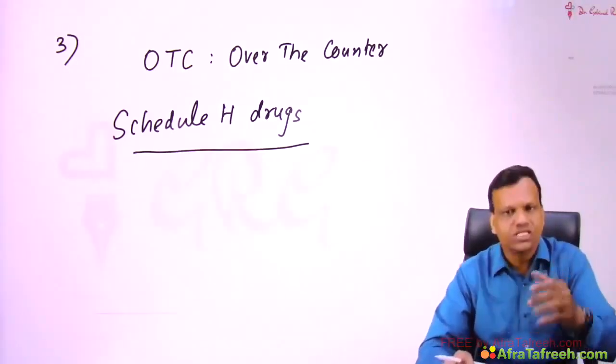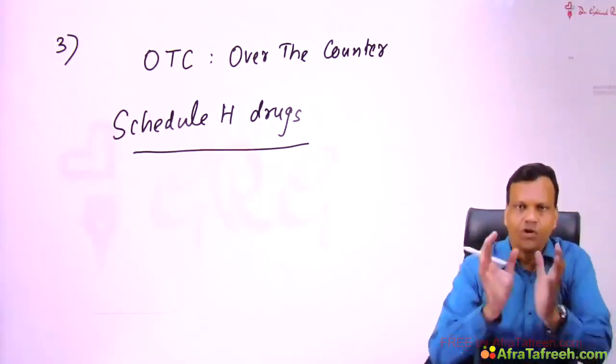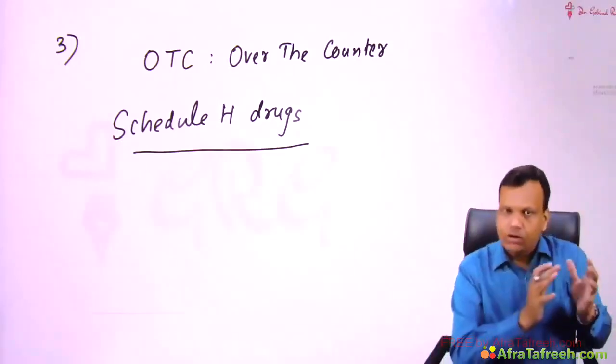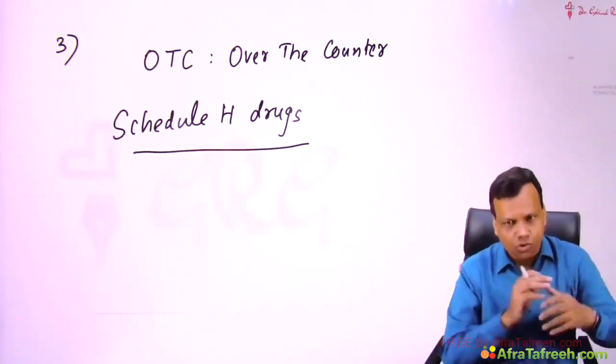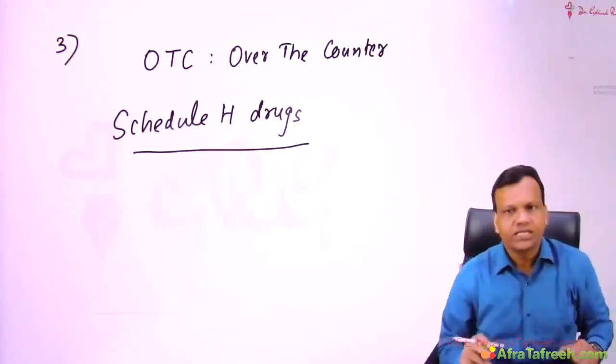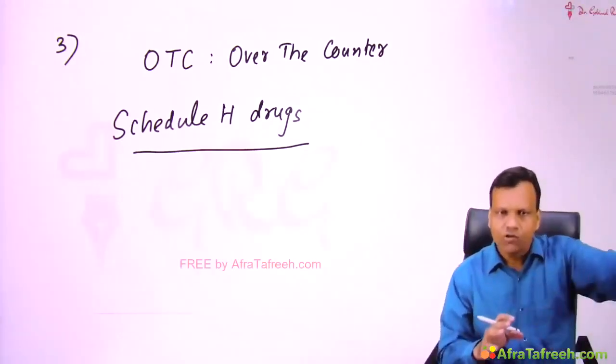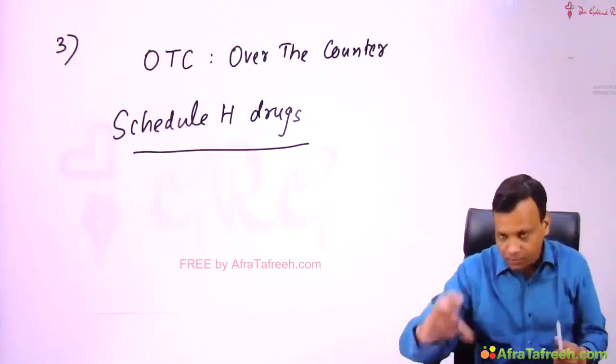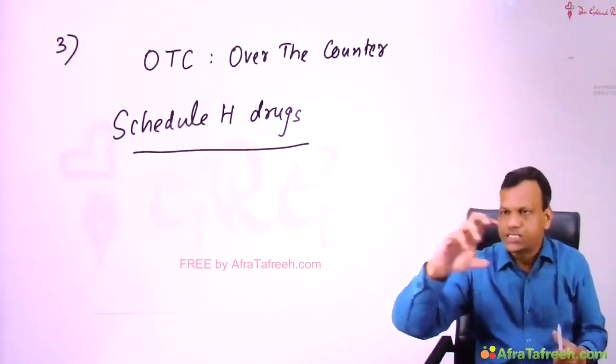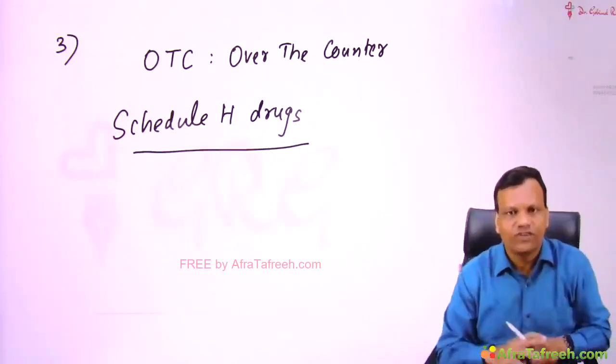So one of these two is written on the drug label. Now another important thing is, so many people come to a pharmacist to take drugs, so there is a large crowd. If the pharmacist keeps on checking again and again whether Schedule H is written or not, it will consume a lot of time.